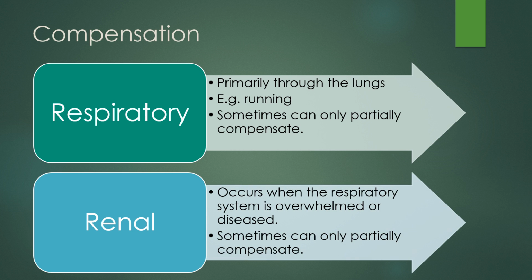Kidney compensation results when a healthy kidney works to correct for changes in blood pH that occur when the respiratory system either is overwhelmed or is not healthy. You have to remember that with both compensation processes, sometimes compensation is only partially met.